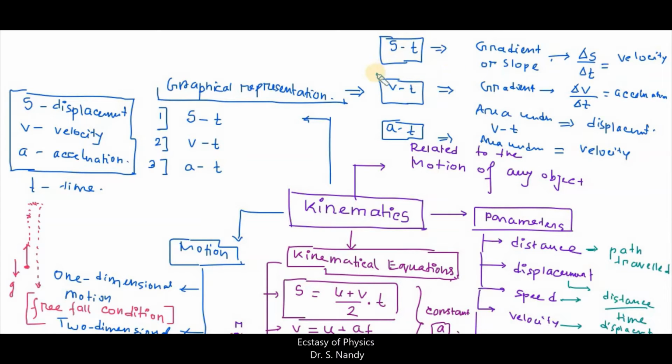So these are the important things that we have to remember. From the displacement time graph, the gradient represents the velocity. From the velocity time graph, the gradient represents the acceleration, and the area under the vt graph represents the displacement. And from the acceleration time graph, the area under the curve represents the velocity.